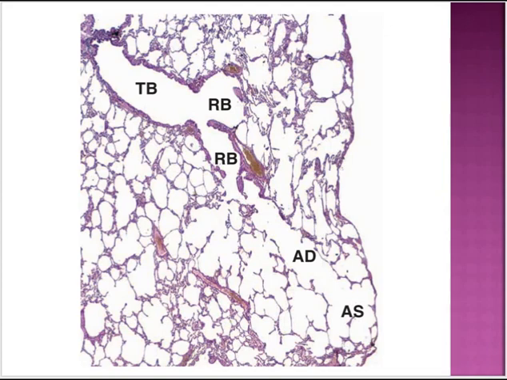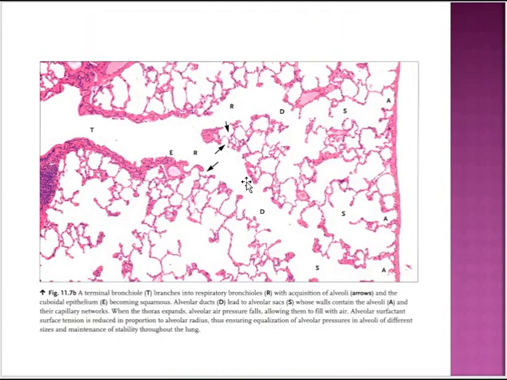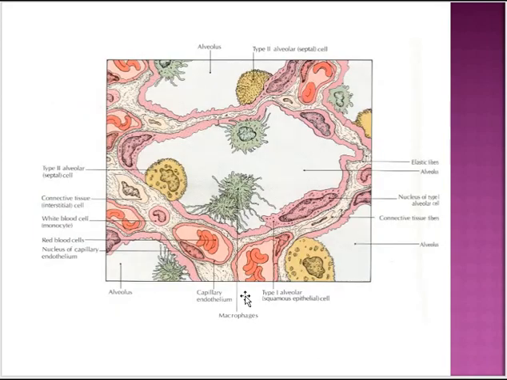And in the illustration also, let's look. There are terminal bronchiole, respiratory bronchiole, then the alveolar duct and alveolar sacs. They are alveoli, so thin-walled sac-like structures.